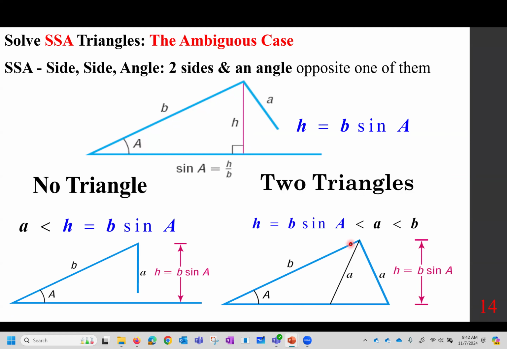If H equals B sine A, if H is less than both sides, is less than A less than B. If H is less than both sides, okay, then we could have two triangles, the big one and this small one. Again, this one is one of them, okay? And the big one, that's why it's the ambiguous case.